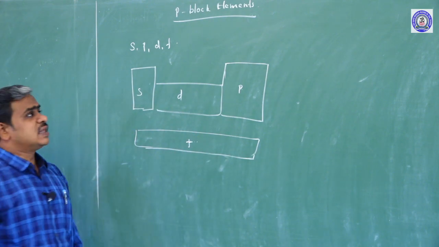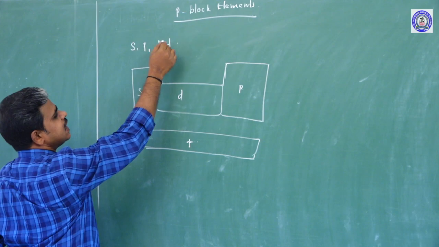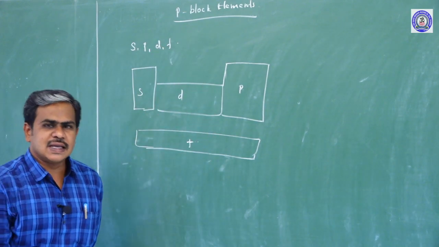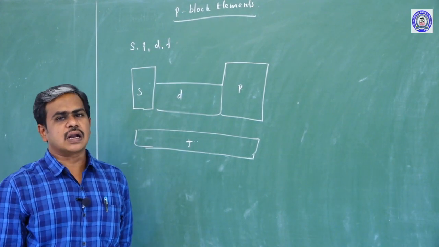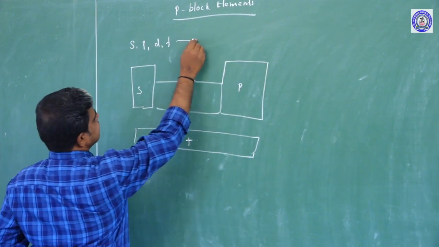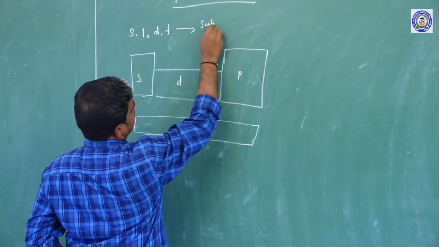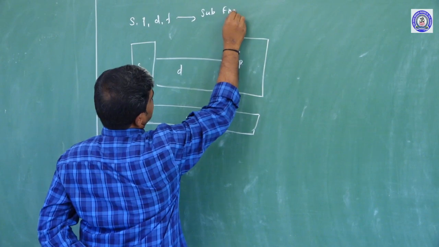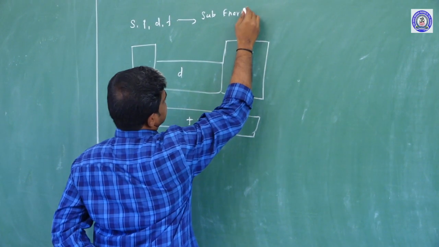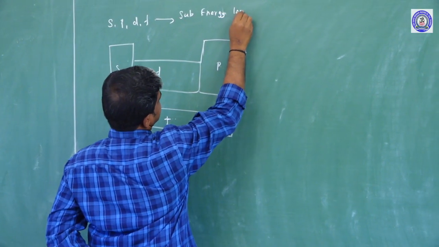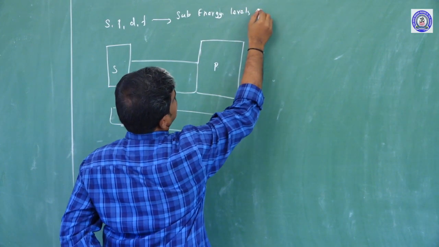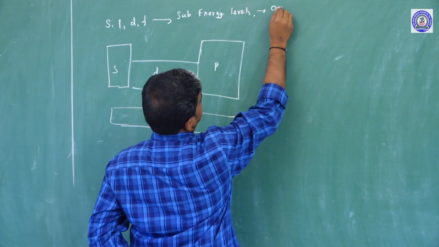What do you mean by these S, P, D and F? These S, P, D and F are called sub-energy levels, which are known as orbitals.